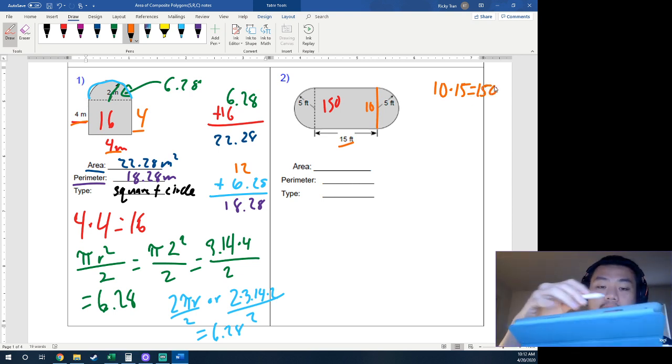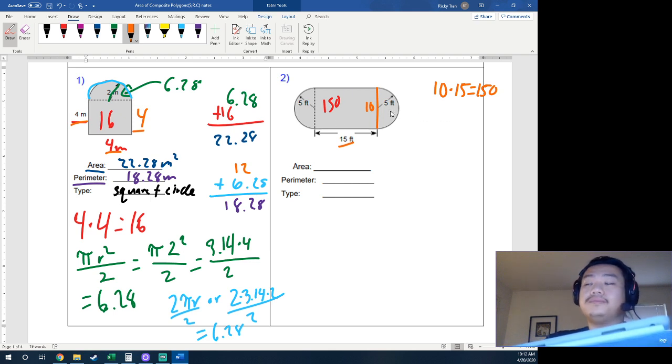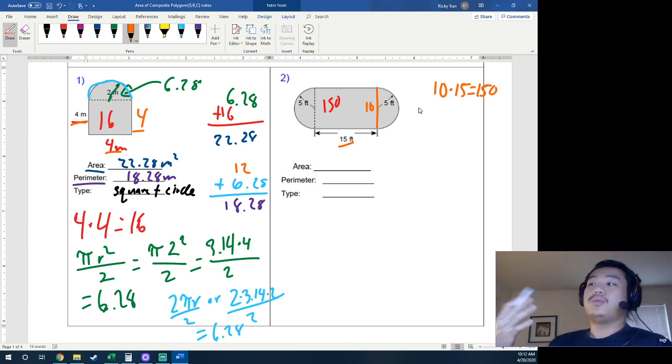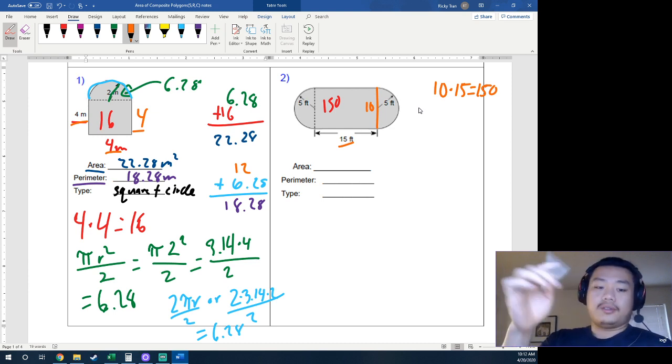Now we have to find the area of the 2 semicircles. And guess what? 2 semicircles is the same as 1 full circle. So all we're doing is finding the area of this circle, and that would be your area for the 2 semicircles on either side.